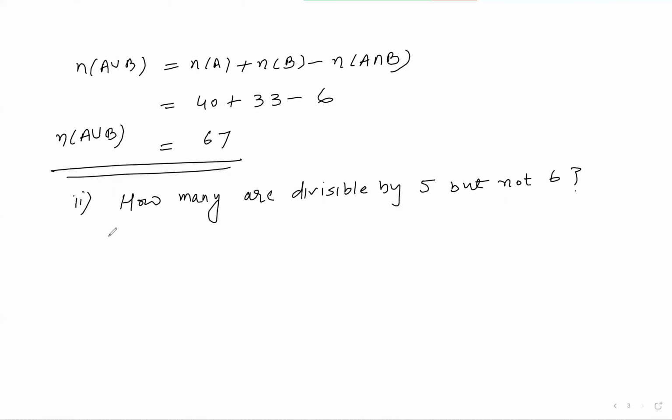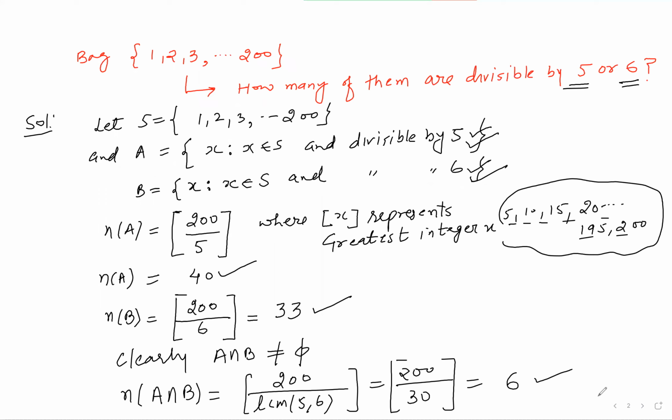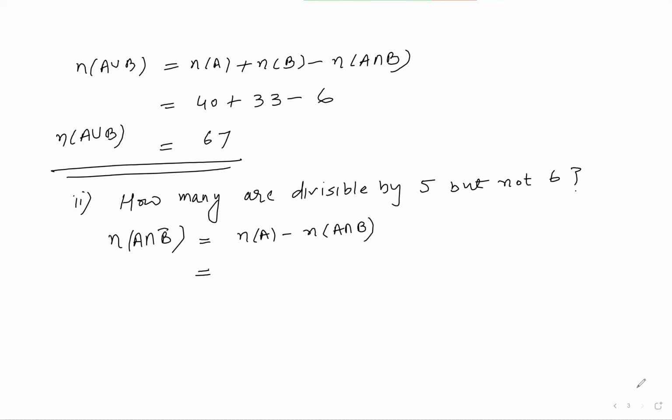It means we wanted to find numbers which are divisible by 5 but not 6. Right? And the formula for this is numbers in A minus intersection. Agreed? So what is numbers in A? We already have computed. Numbers in A is 40 and intersection is 6. So 40 minus 6 means there are 34 numbers which are divisible by 5 but not 6.